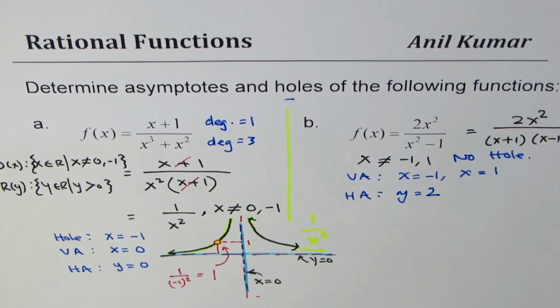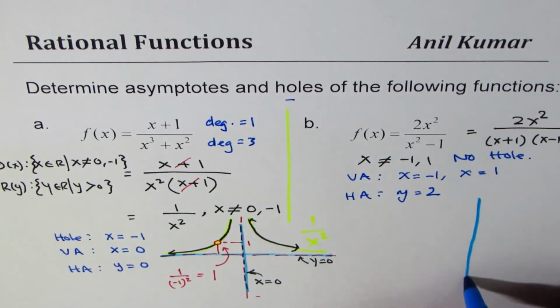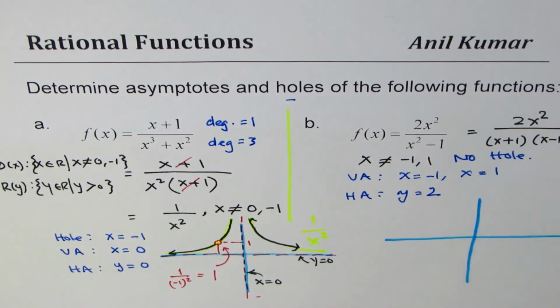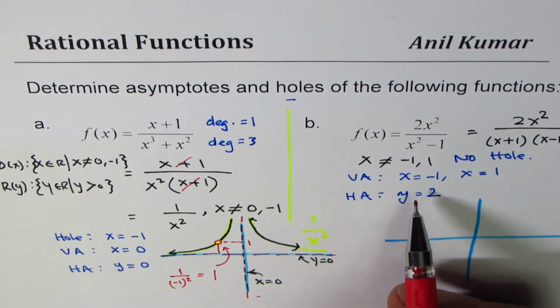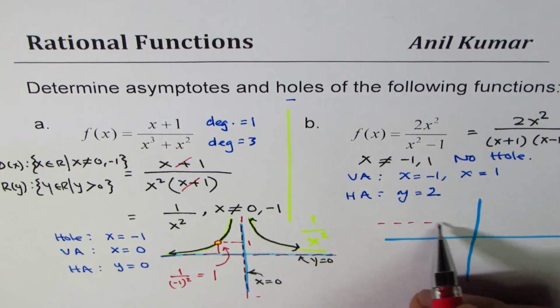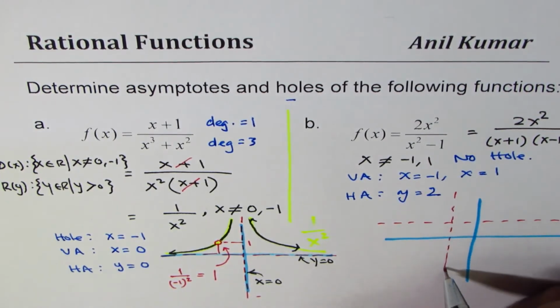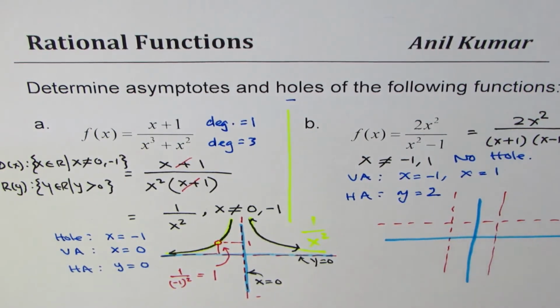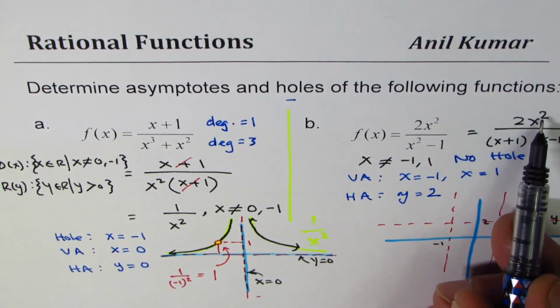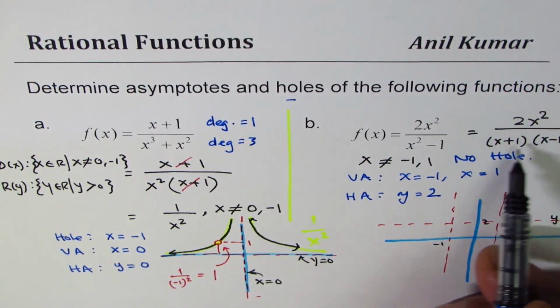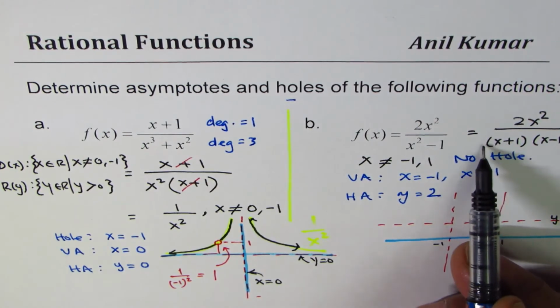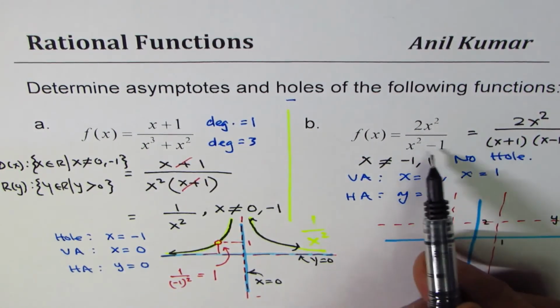Perfect. Now if you sketch this graph, it will kind of look like this. We have a horizontal asymptote which is y equals 2, and vertical asymptotes at plus minus 1. This is at minus 1 and plus 1. This is y equals 2. In the function, you will find x squared is positive, and the denominator part is positive when the values are greater than 1 or less than minus 1.